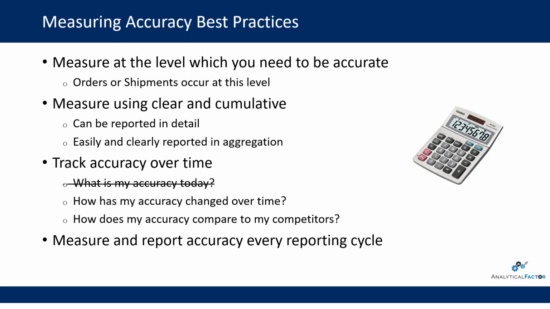You can obviously aggregate it up and report it later, but that initial evaluation of am I accurate or not needs to happen at the level that is most meaningful to your business. Then you take that measurement, you can roll it up, report for an entire enterprise or a single business unit, you can slice and dice, but really that initial decision of where to measure is super, super important.